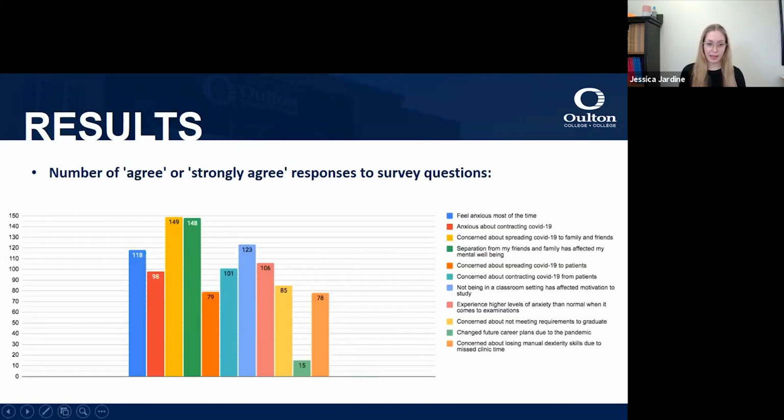As for individual categories, we asked a variety of questions and then noted the number of students that selected agree or strongly agree as their response.